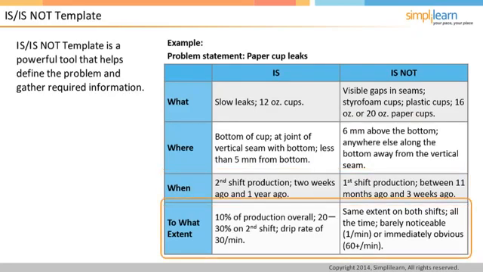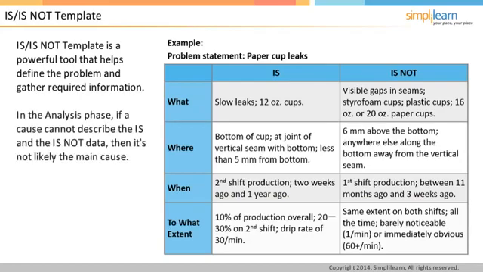The information is then used to fill the question areas in the is and is not issue template. In the analysis phase, if a cause cannot describe the is and the is not data, then it's not likely the main cause. In the next screen, we will list the criteria for the project objectives.